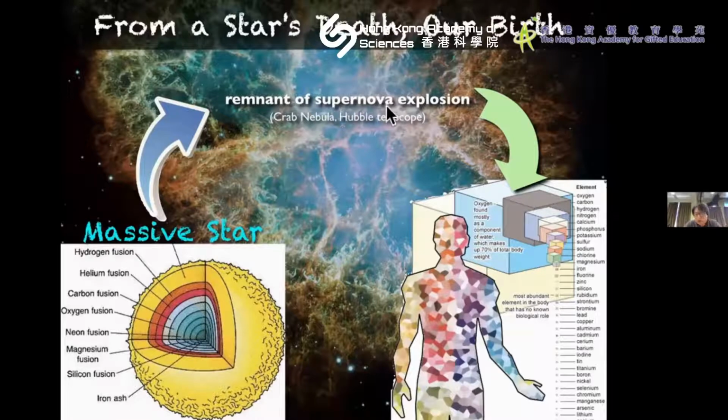And then somehow, through the process we're going to talk about more later, these galactic materials, mixed with the heavier elements produced by massive stars, are going to be processed into newborn stars, planets, and eventually you and me.